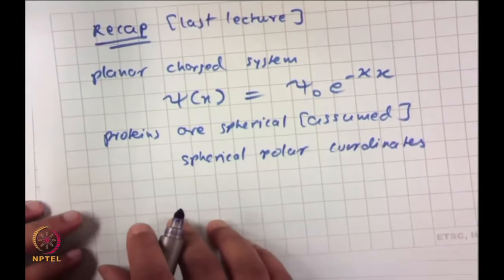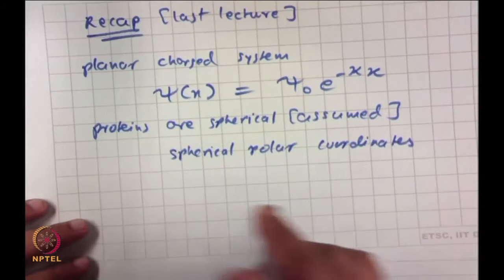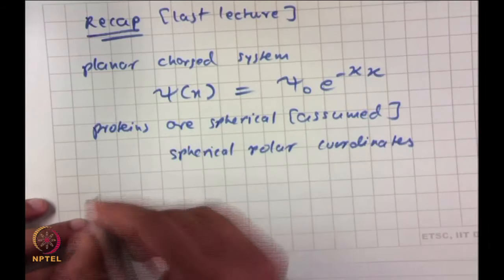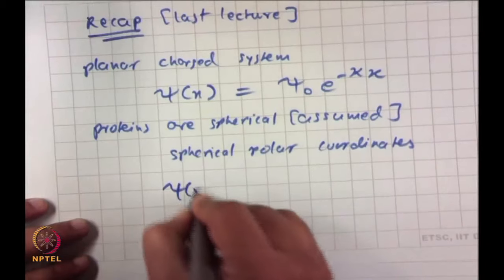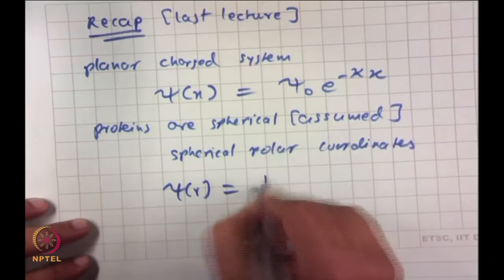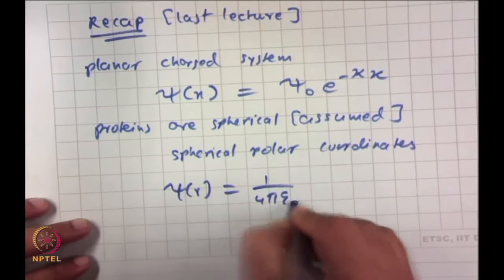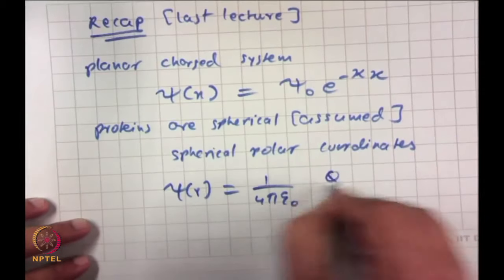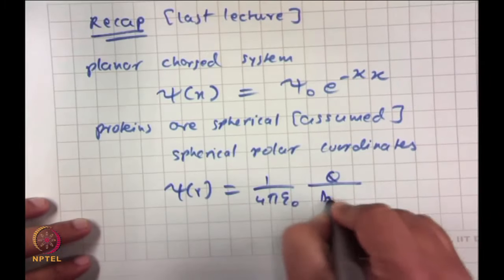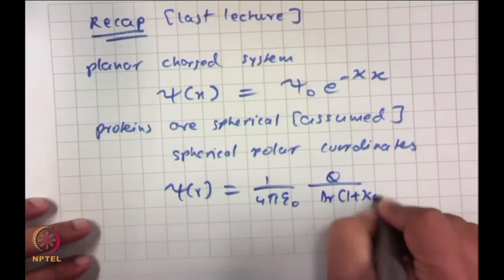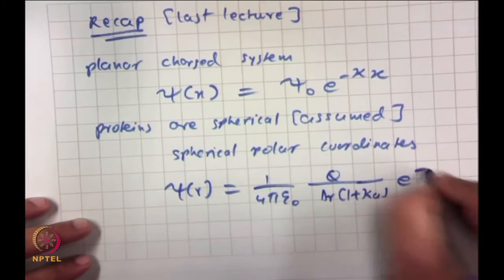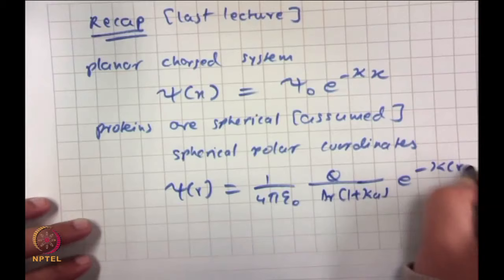So that is what we used. The final expression we got from there is psi of r is equal to 1 by 4 pi epsilon 0 q by d of r, 1 plus kappa a, times e to the power minus kappa (r minus a).